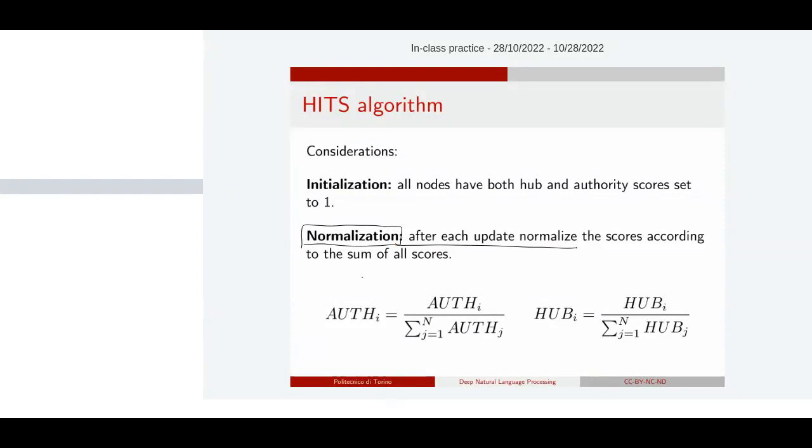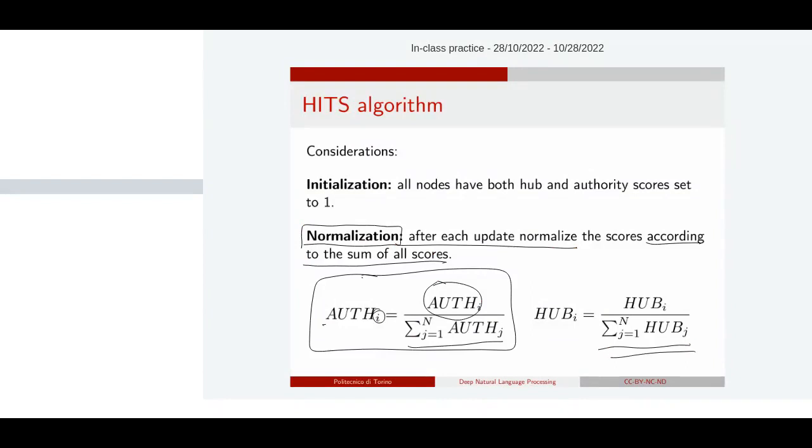Pay attention to this, because we normalize according to the sum of all scores. So this is the formulation for authority. The authority of a node i is given by the authority of the node divided by the sum of all the authority scores. Not the number of nodes, not the number of links, but the sum of the authority scores of all the nodes in the graph. The same for the hub.